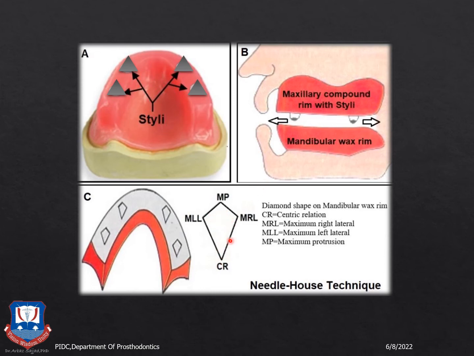This created a diamond, the posterior part of the diamond being the centric relationship, this over here is the protrusive movement, this is a left lateral, this is a right lateral movement. So instead of studs, House advocated the use of styli. That was the only difference from the Needle method.